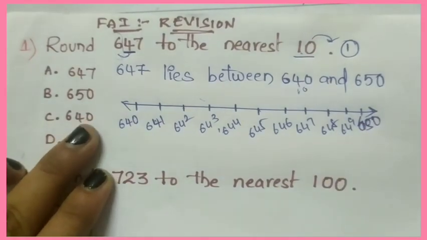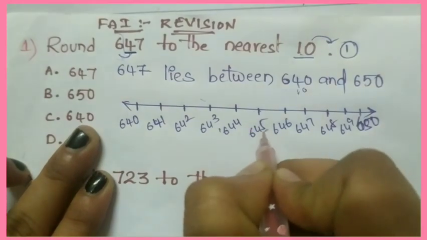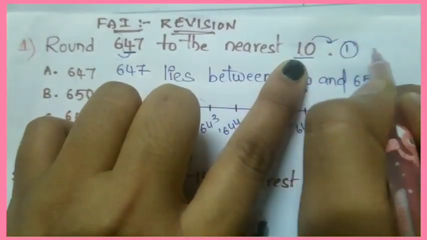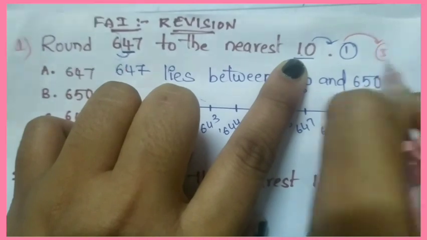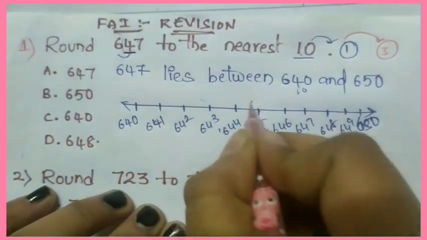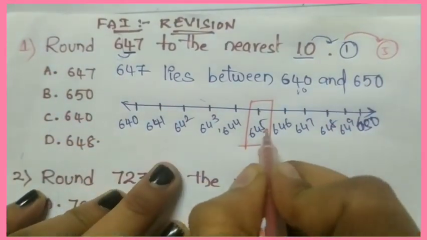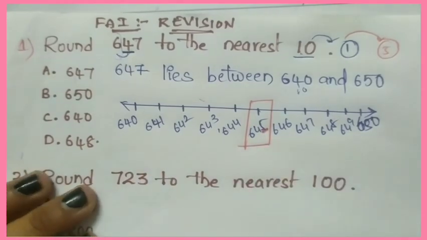Yes. Now here, for nearest to 10, 5 is the midpoint. 645 is the midpoint.